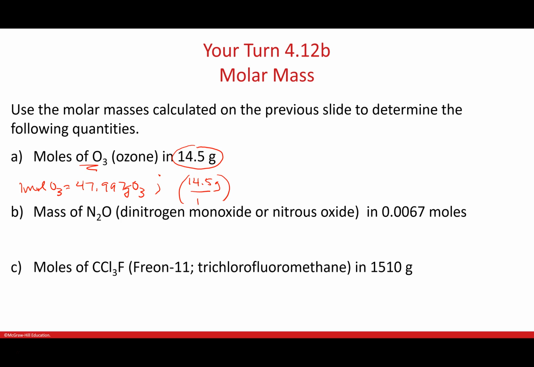When we've talked about making units cancel before, that's what we call using the factor label method. So actually 14.5 grams of O3. I'm going to use this equality or equivalency statement, and I want grams of ozone to cancel. So do you see with that equality, I'm going to put my 47.997 grams of O3 down here, and my 1 mole of O3 up there.